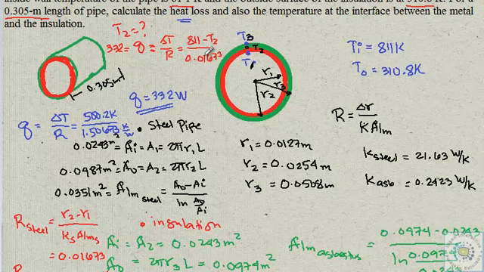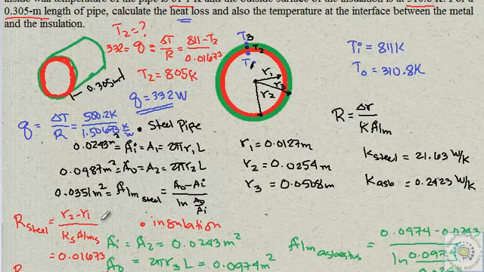That will give me T2 of roughly 805 Kelvin. As you expect, there's only a very small temperature drop: the inside temperature is 811, but the outer shell of your steel pipe is just 805, because it has very low resistance.